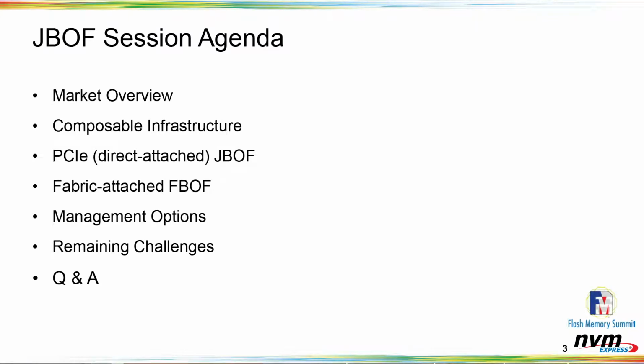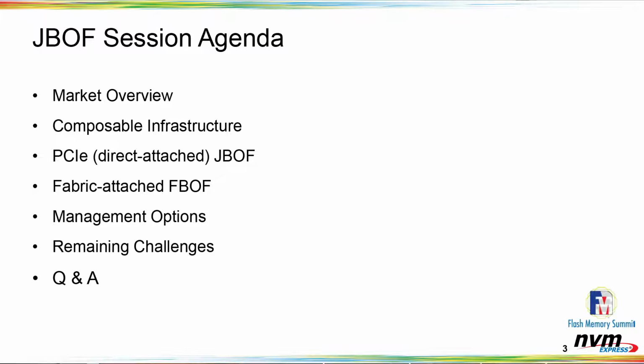So the agenda today, we're going to spend about an hour here and leave some time for Q&A at the end. We'll start out with a market overview. We'll talk a little bit about composable infrastructure, which is one of the applications of JBOFs. Then we'll go through a couple of different architectures for JBOFs that are available in the industry now. One is a PCI Express or direct attached JBOF.